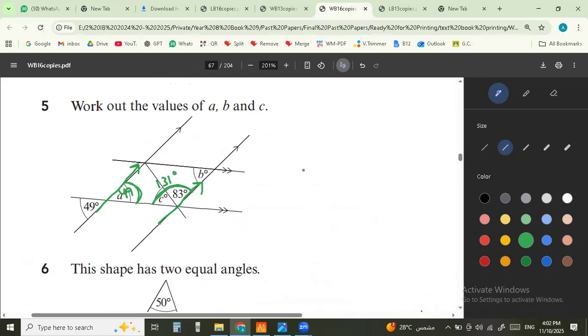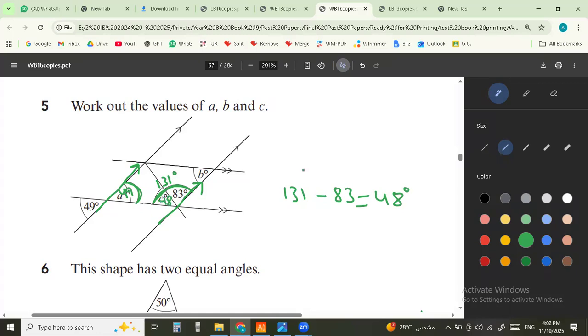Part of it is 83. So what is C going to be? Well, 131 minus 83 is going to give you exactly 48 degrees. So C is going to be exactly 48 degrees. C is 48.